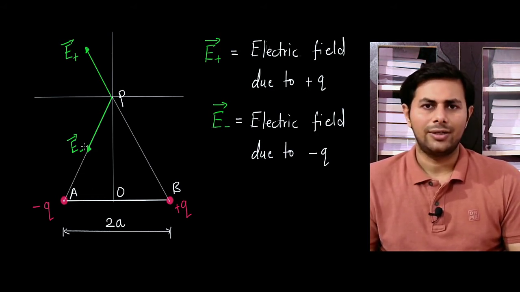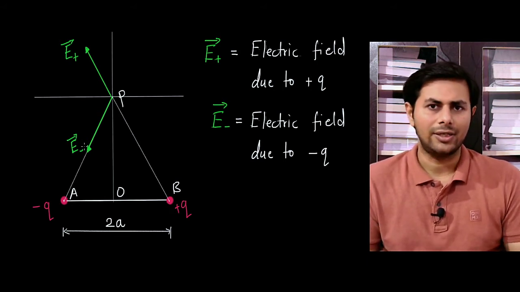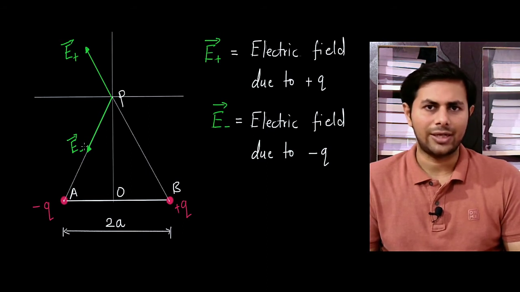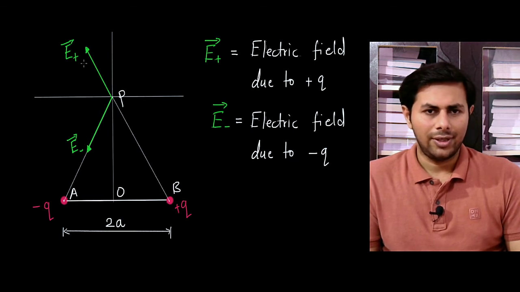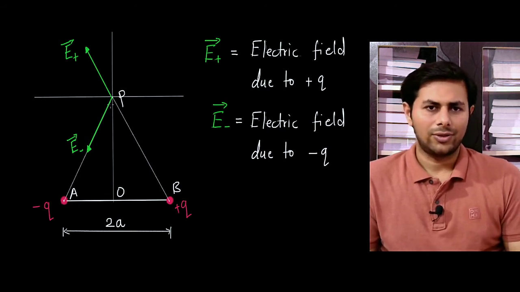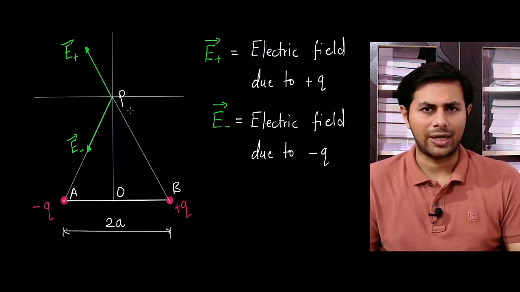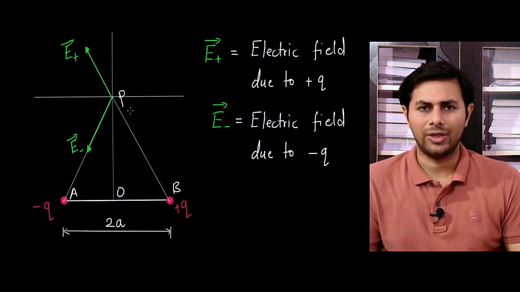So we know that the electric field due to positive charge is directed radially outwards from the charge, and electric field due to negative charge is directed radially inwards towards the charge. So E plus bar is directed like this, radially outwards from plus q, and E minus bar is directed like this, radially inwards towards minus q. So the net electric field at this point P on the equator of this dipole will be the vector sum of E plus bar and E minus bar.